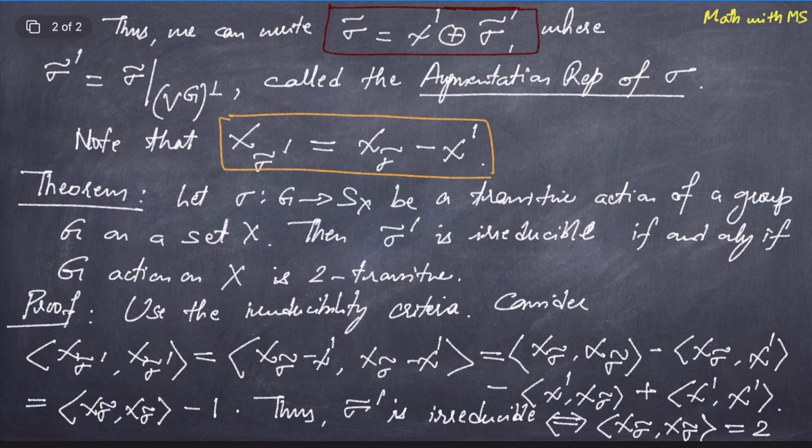And the number of orbitals is 2 if and only if the group is 2 transitive. That's also what we proved in lecture number 9. So therefore this happens if and only if the group action is 2 transitive.